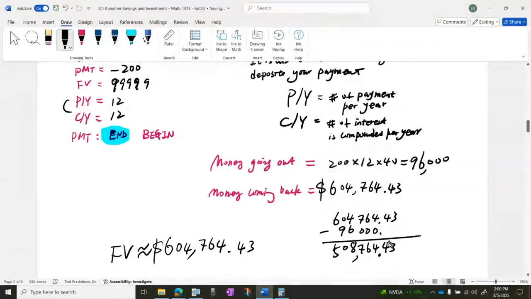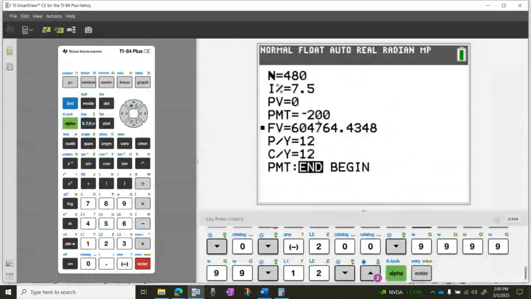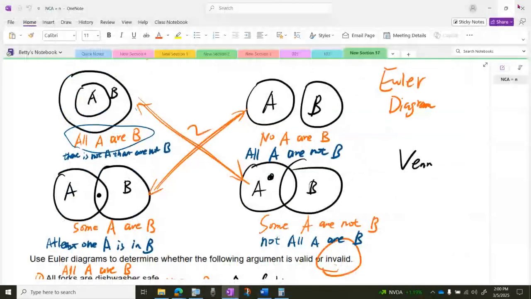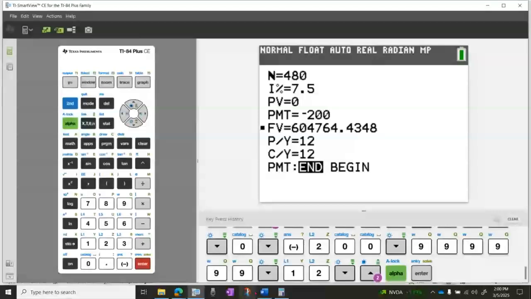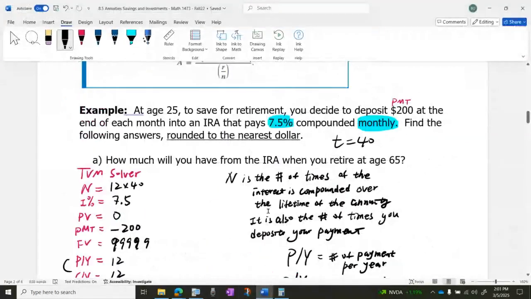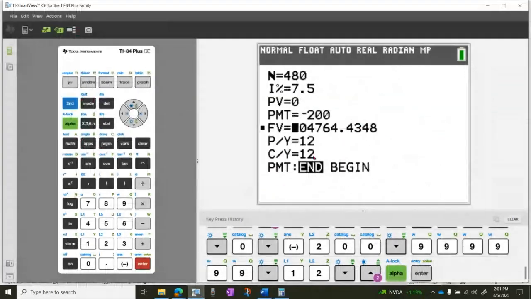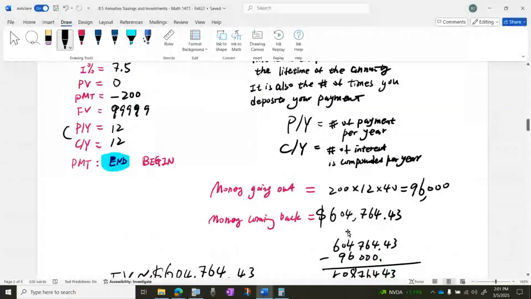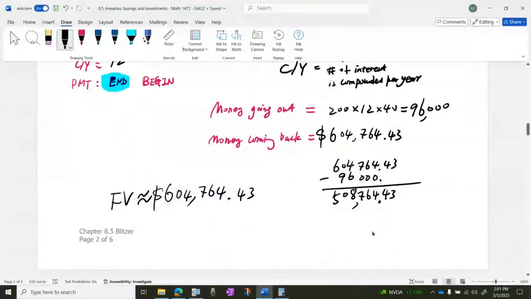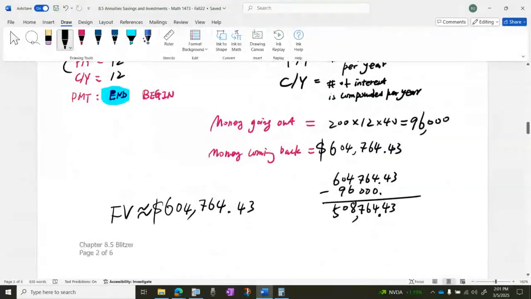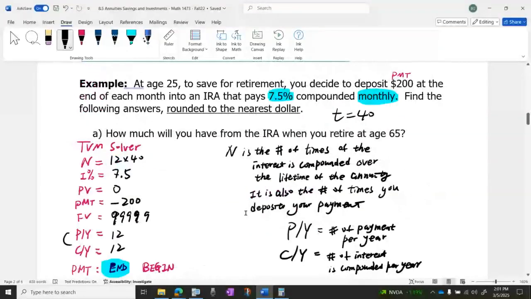But in 40 years, you have this amount. Let me just double check. Is that 7.5? Oops, sorry, I entered the wrong button. Yes, 7.5. 7.5 is very high. And 12. Yes, it is correct. Simply, the interest over the 40 years is about $500,000. That's a lot, right? This is a very good investment. Is that clear, everybody? Does that make sense? How do we find the interest?